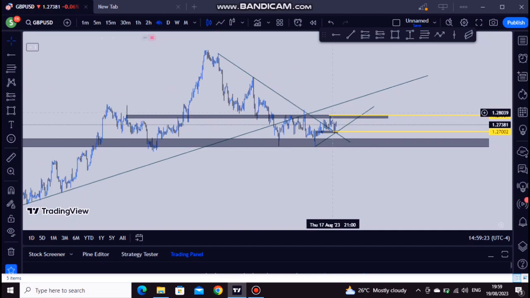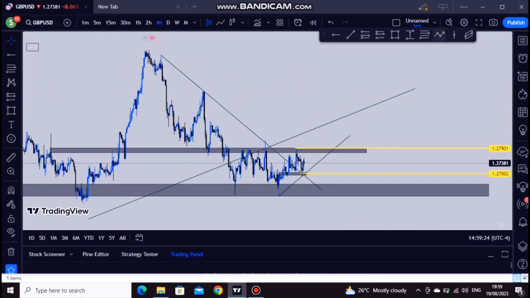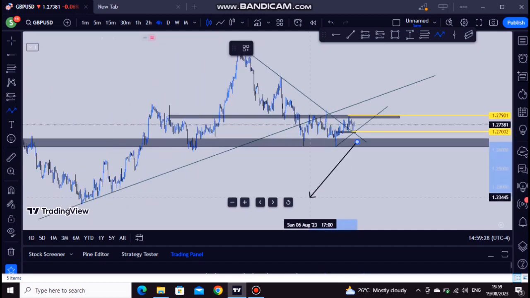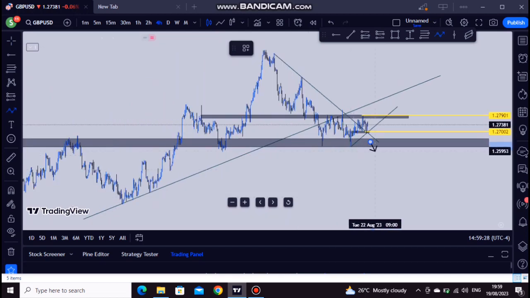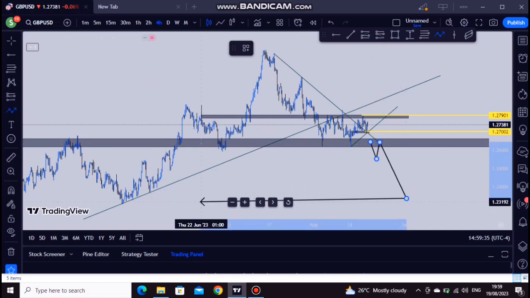We should wait for this break to the downside like this, a very massive one to the downside on the 4 hour. Then we should wait for a retest on our trend line, then we sell to the downside, targeting these lows resting below this area. That's what we're going to be looking out for on GBPUSD.